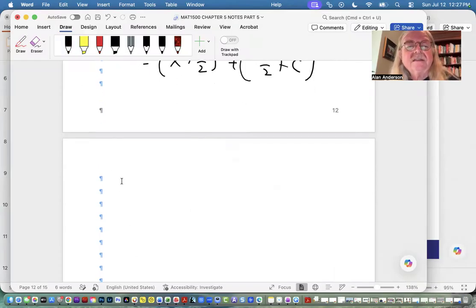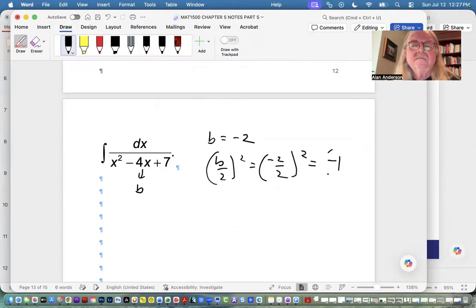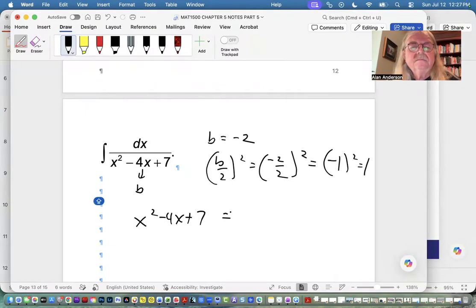Now, so far, we have not seen this case in any of our rules. So what they're going to suggest we do is this. This is b. So the x squared minus 4x plus 7 becomes, oh, wait a minute.